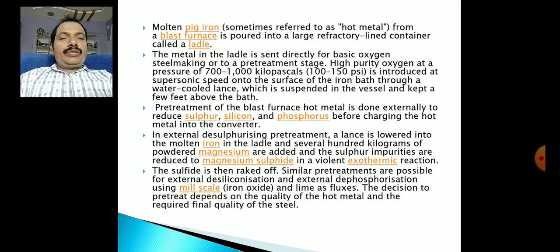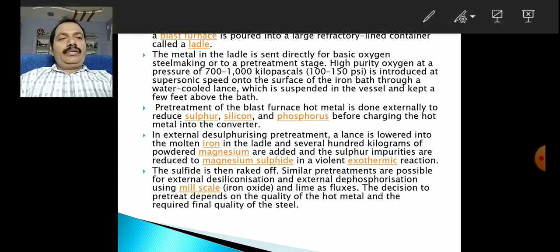So sometimes removing the sulfur is a very difficult task. For that, a pre-treatment process is done to eliminate that impurity by supplying magnesium powder with the help of the lance.